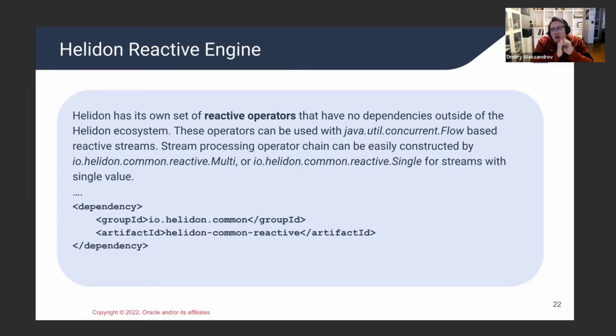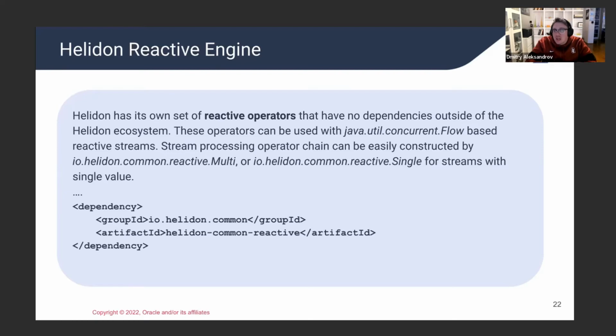Actually, no. We decided to do it our own way, and we created our own implementation of Reactive Engine to have our own ecosystem for that. And it's good because, as I told you, we started from Java 11 from the very beginning.